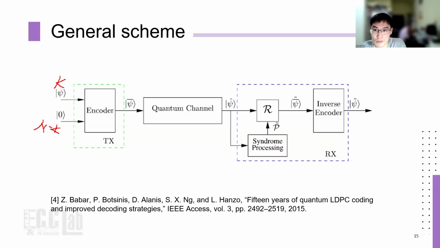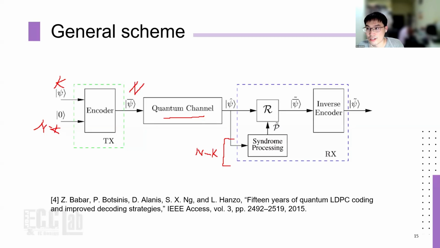Then the output n qubit states will go through the channel. And at the receiver, we will prepare n minus k ancillary qubits to extract the information by using a control operator.